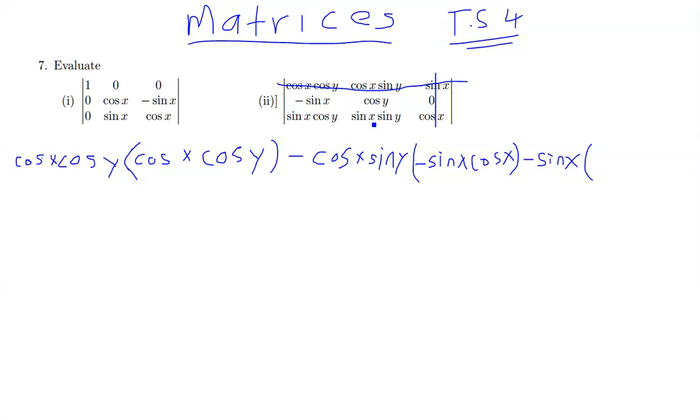So negative sine x times sine y, you are going to have negative sine squared x sine y. Then when you multiply this sine x cos y times cos y, you get your minus. So you put your sine x this side.